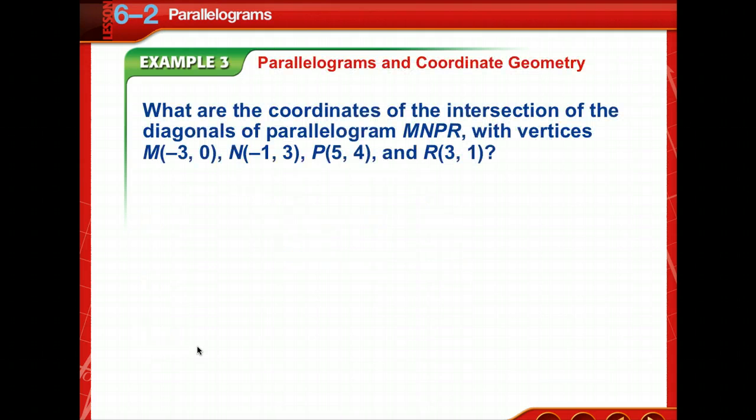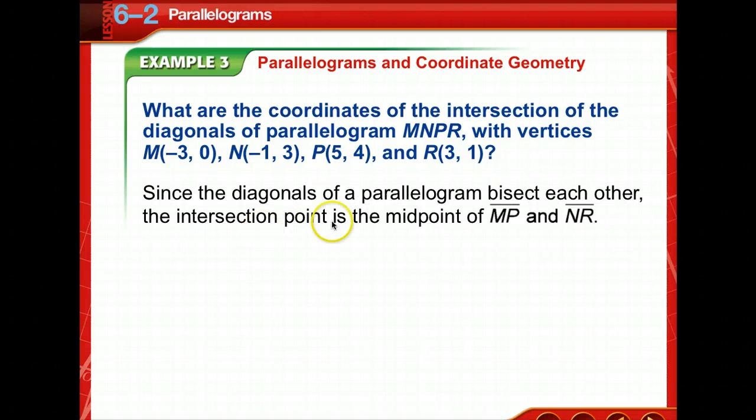You can use theorem 6-7 to determine the coordinates of the intersection of the diagonals of a parallelogram on a coordinate plane given the coordinates of the vertices. This sounds worse than it is. Let's just look and see what everything's in your toolbox that you need to solve this. So we know that the diagonals of a parallelogram bisect each other, and the intersection point is the midpoint of MP, and we know that MP make one segment and NR make the other because of the way it's labeled.